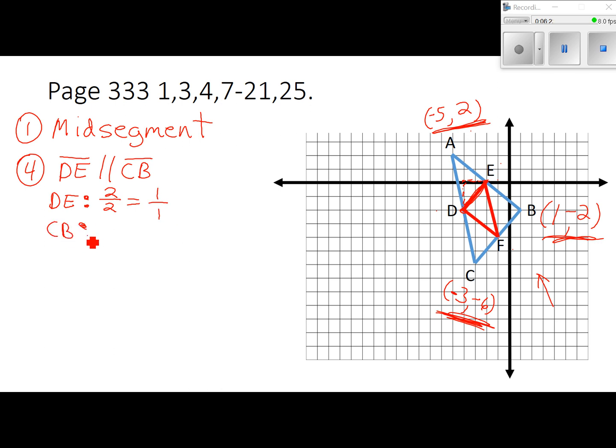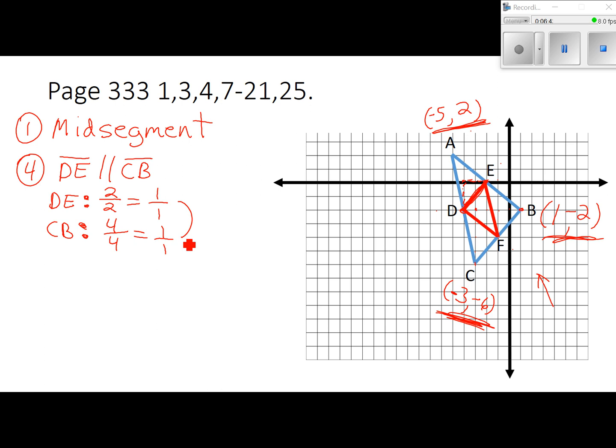Segment CB, we can do the same thing, rise over run. We go up 1, 2, 3, 4, up 4, and to the right 1, 2, 3, 4. So we go up 4 to the right 4, which reduces to 1 over 1.